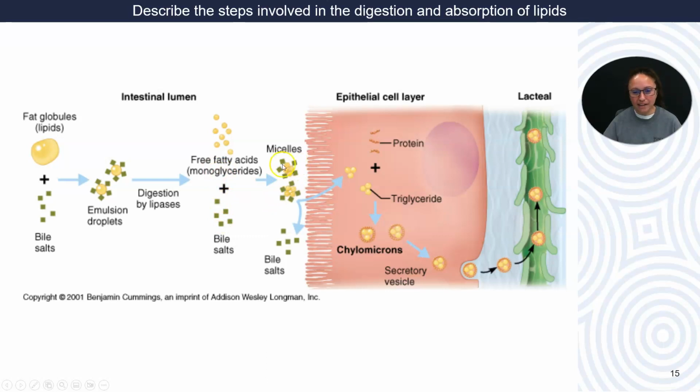These little packets go into the epithelial cell of the intestine, and then they get repackaged into these chylomicrons, which are the ones that actually end up going into the lymphatic system. So with lipids, we need to package them up in order to get them where they need to go.